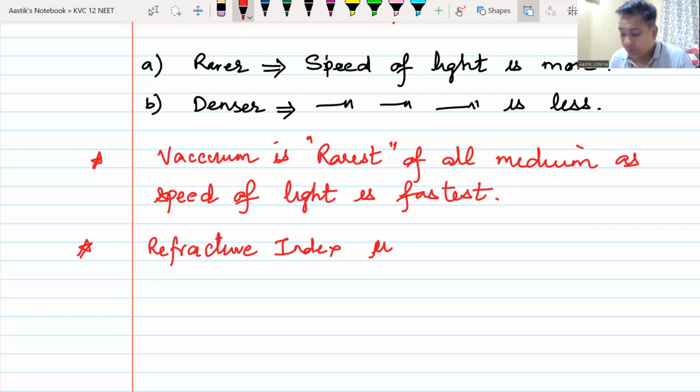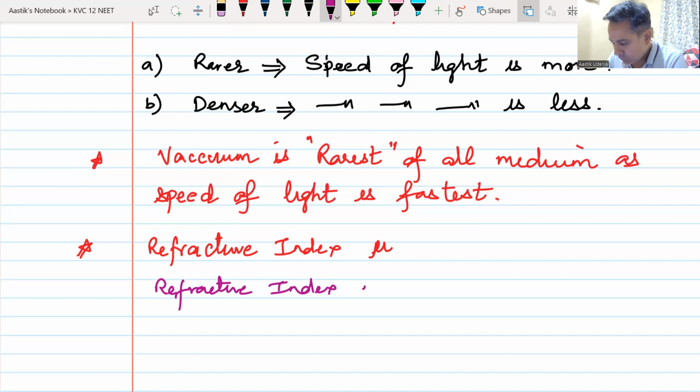So we have taken the refractive index of vacuum as 1.